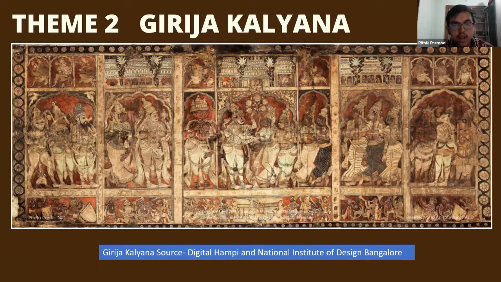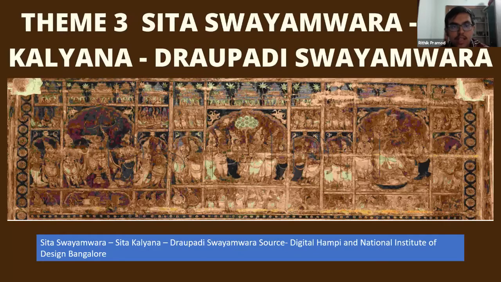And in the third panel, as you can see, these are three panels from the Ramayana and Mahabharata. One is the Sita Swayamvara, Sita Kalyana, and the Draupadi Swayamvara. In the Sita Swayamvara, as everyone knows the story of how Lord Rama won the arrow contest, which was part of the Swayamvara of King Janaka to marry Sita, that depiction is shown in the picture.